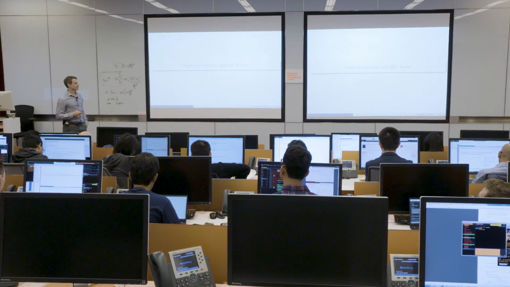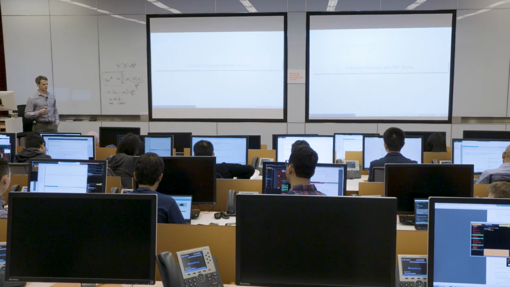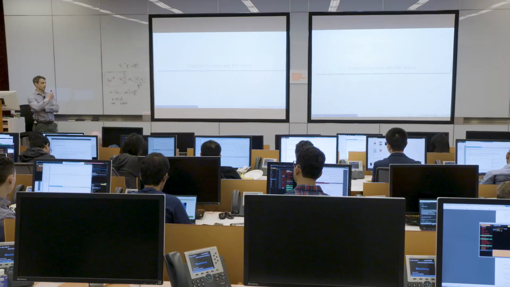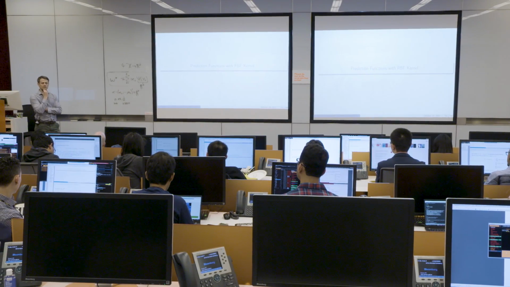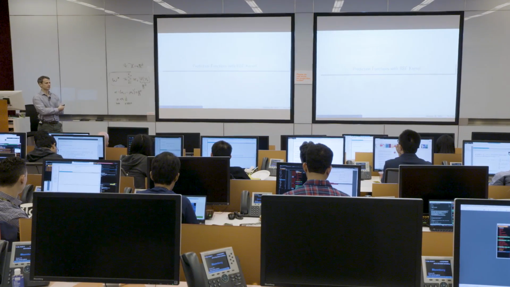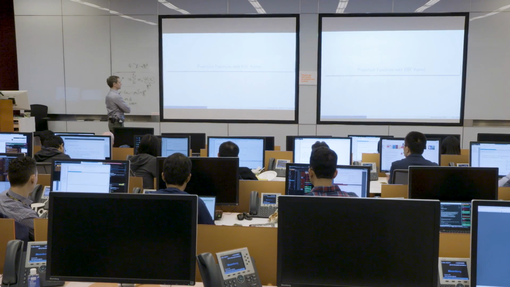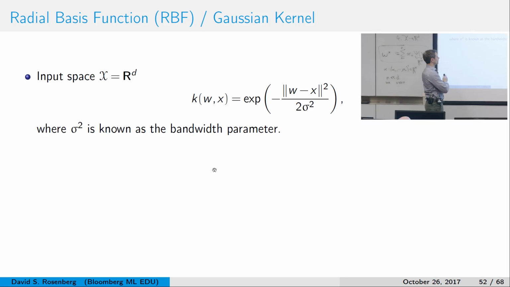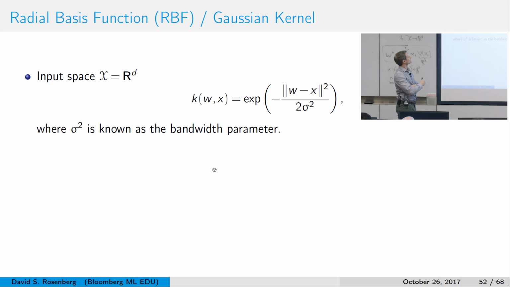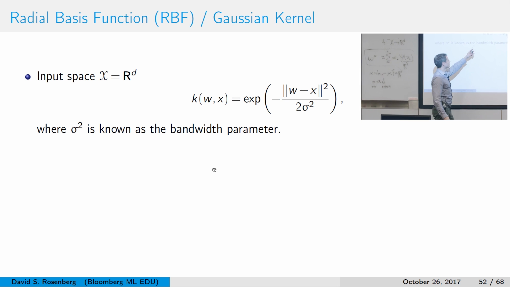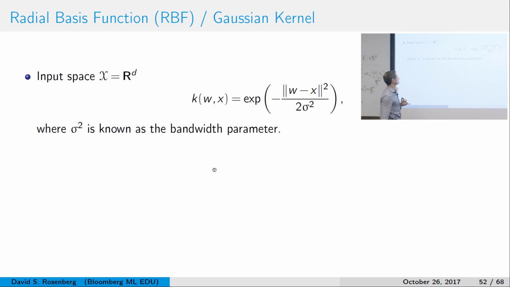I wanted to give you a little bit of a look at what the actual prediction functions look like when we use an RBF kernel, the Gaussian kernel, which is the most popular. I wrote down what the kernel function is again, between any 2 points.